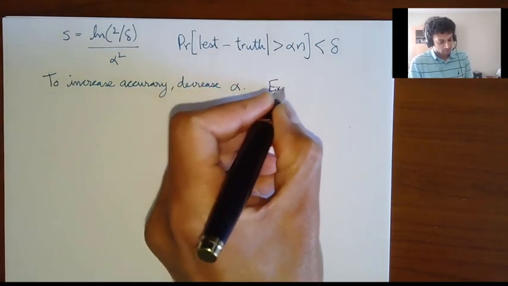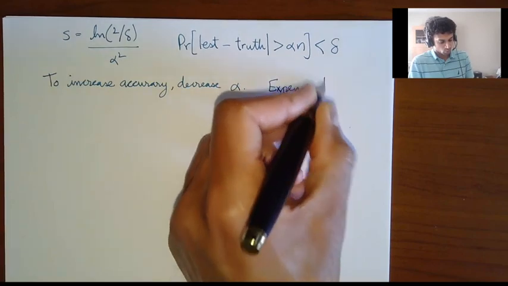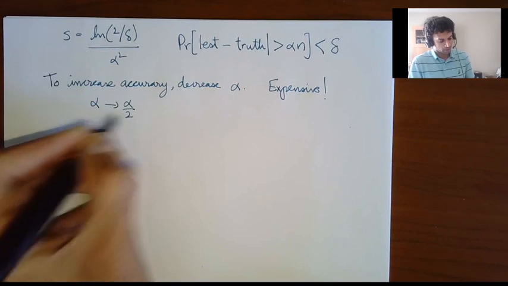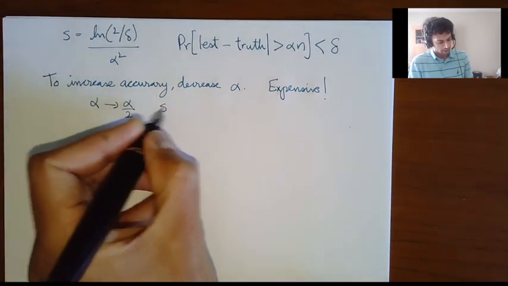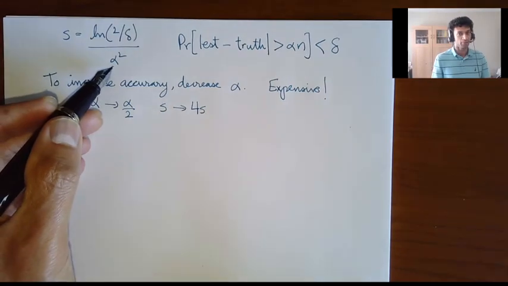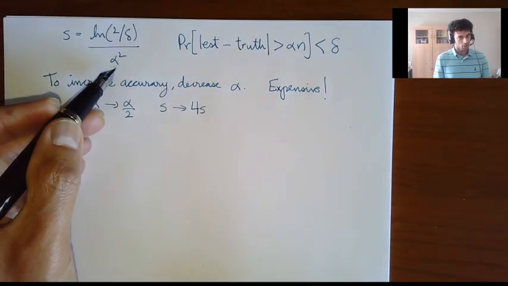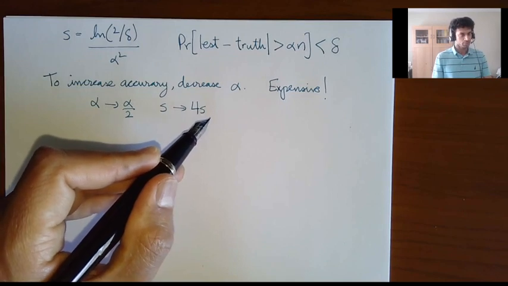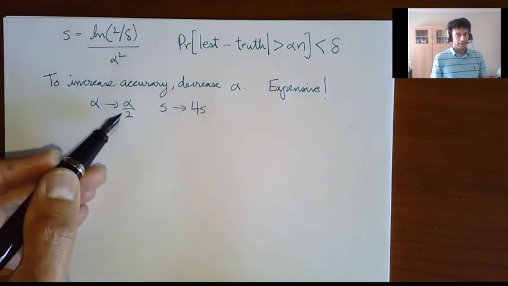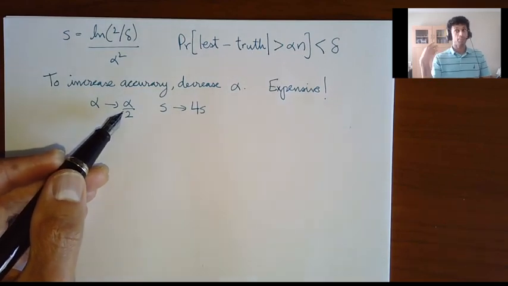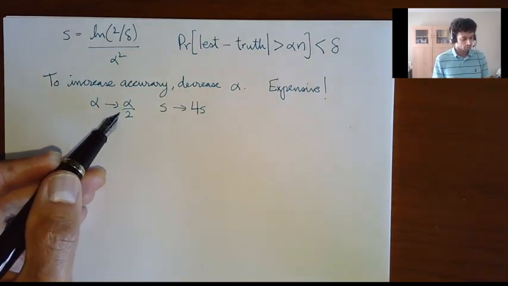That's expensive. And why do I say that? Well, if alpha goes to alpha divided by 2, then S becomes 4 times S, right? Because of the quadratic dependence, you have to increase by 4 times. So if you wanted a tenfold increase, so you wanted to increase by 1 decimal point, you now have to sample 100 times more.